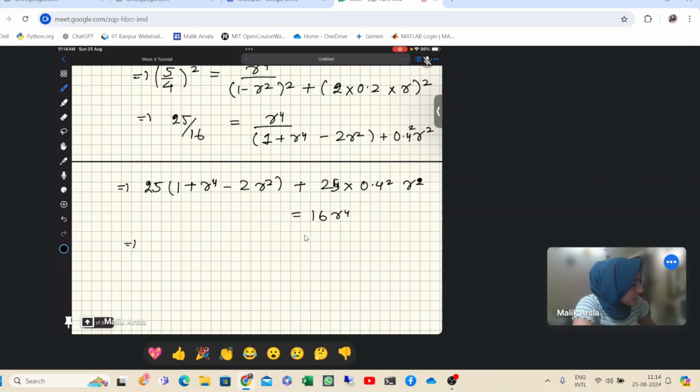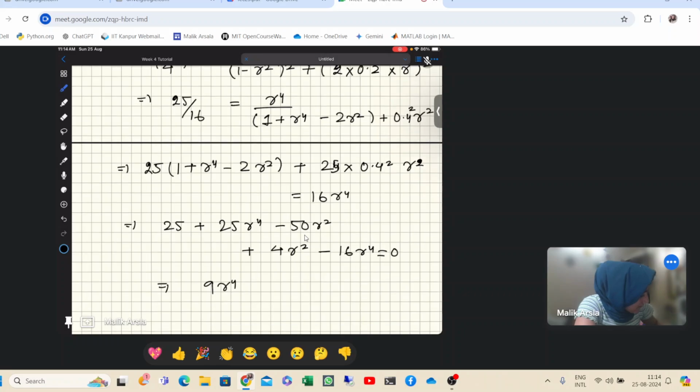So it will be 25 plus 25 r to the power 4 minus 50 r square, plus this simplified will be 4 r square, minus 16 r to the power 4 is equal to 0. Now it will be 9 r to the power 4 minus, 50 minus 4 is 46, r square, plus 25 equal to 0.